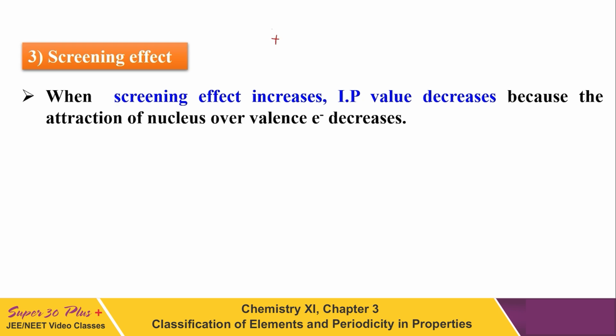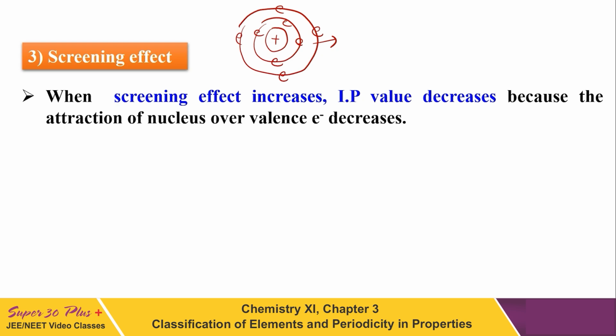See, in any atom, if this is the outer electron, then these are the remaining electrons, including the remaining electrons of the outer shell and other inner electrons. These electrons collectively give repulsion to this outer electron because there is a repulsion between similar charges, and this is called screening effect.